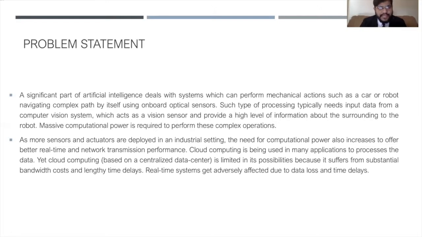When we say edge computing, it does the same task which a cloud does, but it removes all the problems associated with transferring the data over the cloud and then processing everything in real time.